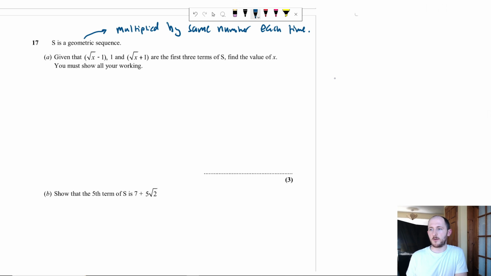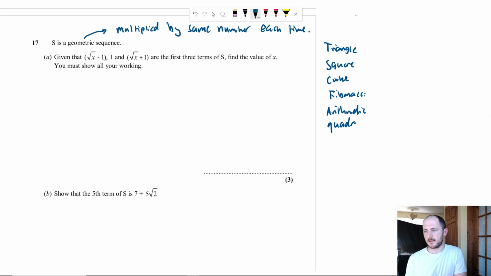You need to know sequences of triangle numbers, square numbers, cube numbers, good old Fibonacci. You need to know arithmetic, quadratic. I think that's it.